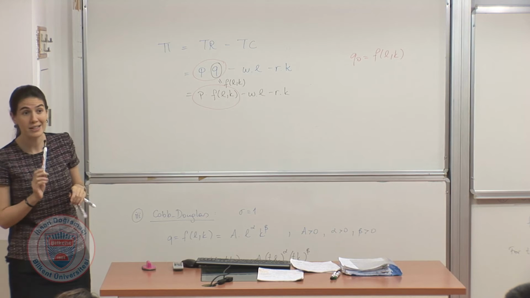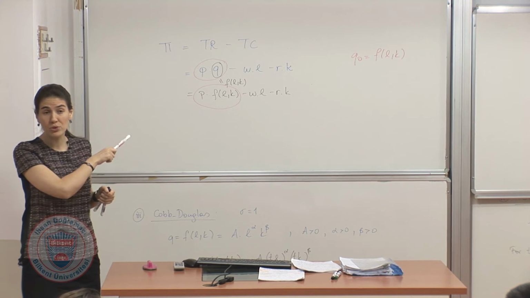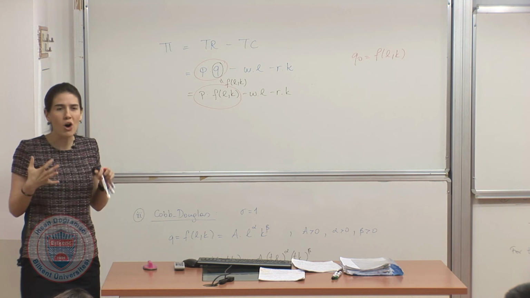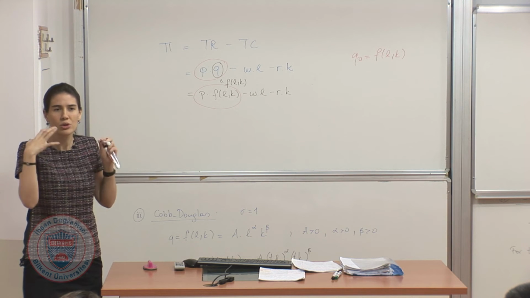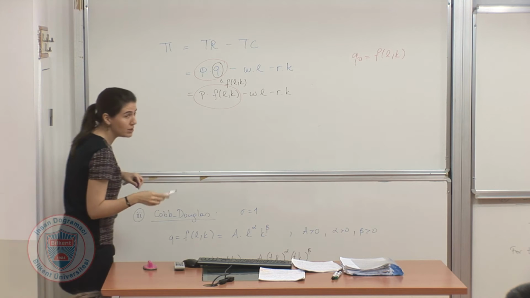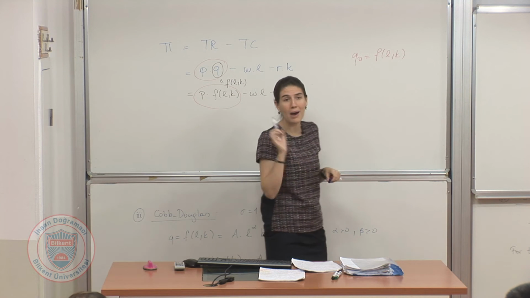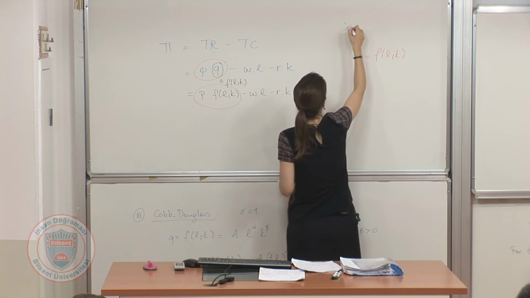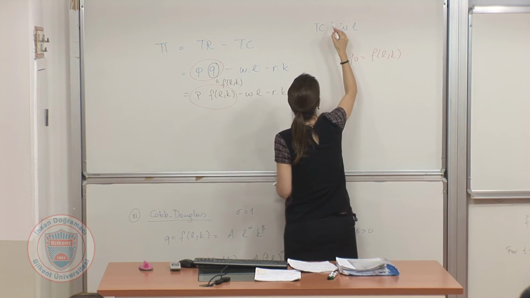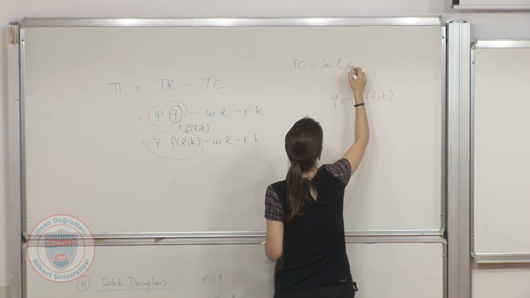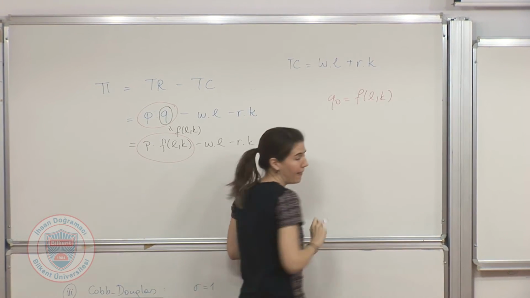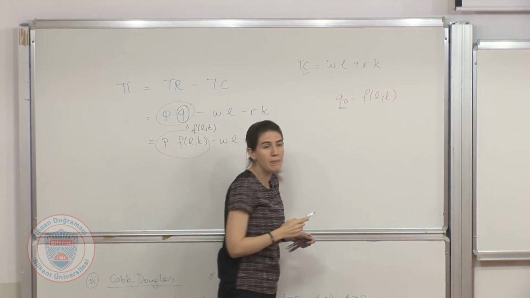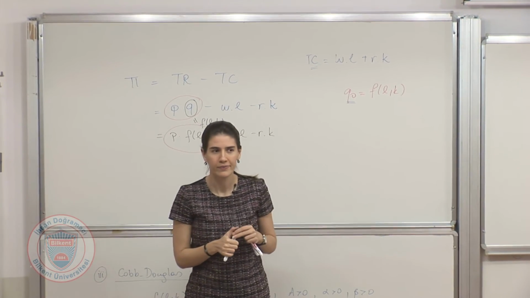Now we're going to ask this question: in order to produce this Q0 unit, what is the minimal cost? I want to produce Q0 units, but I want to spend as little as possible. Let me call this my total cost, wage times L plus R times K. I would like to produce this much, but I want to do it at the minimal possible cost.